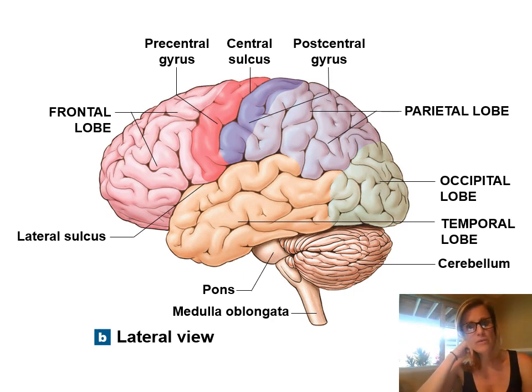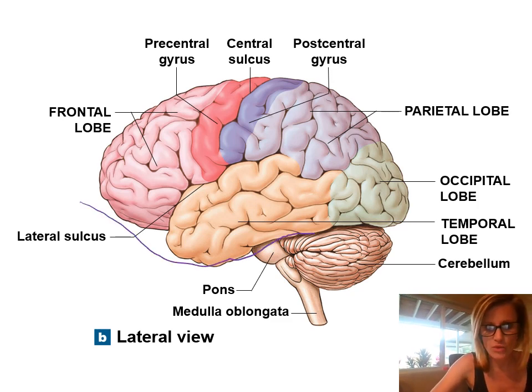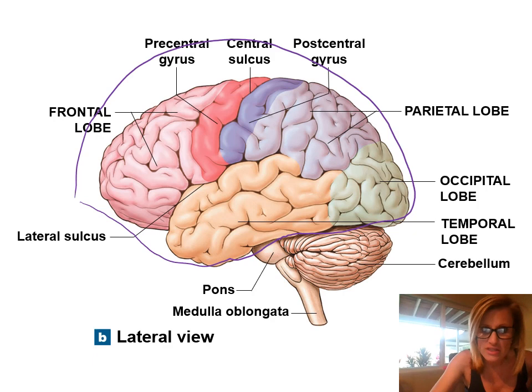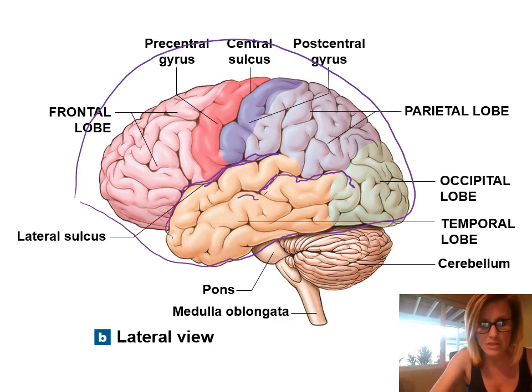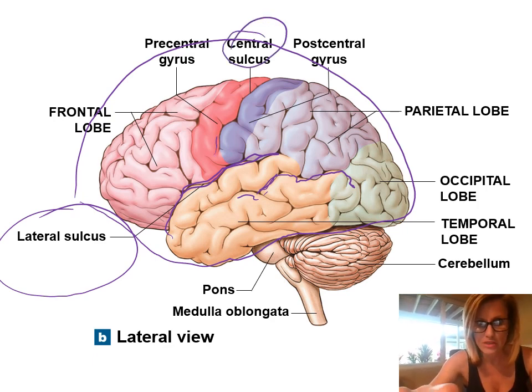So here we see all of this. First off, we're talking about the cerebrum, right? This whole thing right here up top is the cerebrum. It is really highly folded, and each of these little grooves you see like this, these are all sulci. There are a few sulci that are really large, and they divide the brain up into lobes. Right here on the side is the lateral sulcus, and then here going horizontally across the brain in the center is the central sulcus.